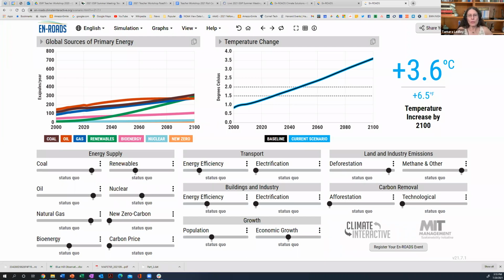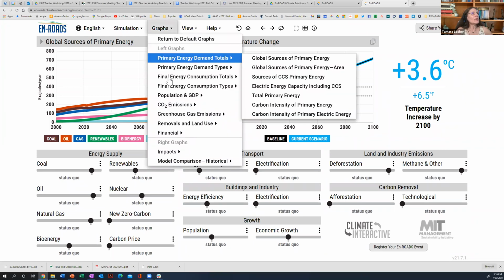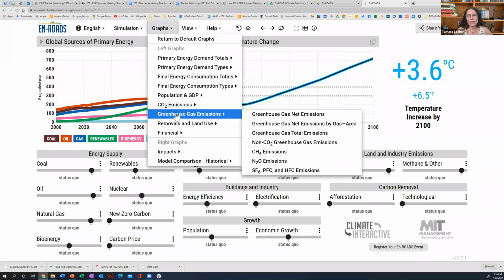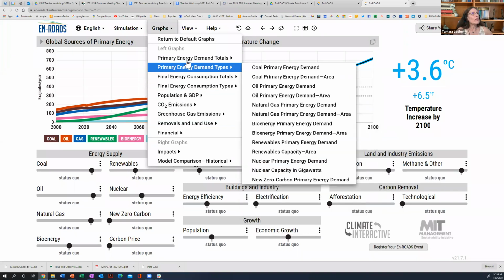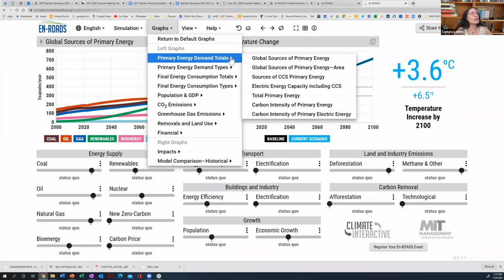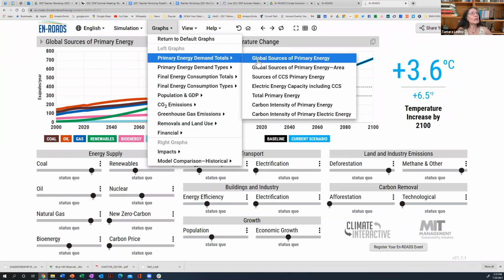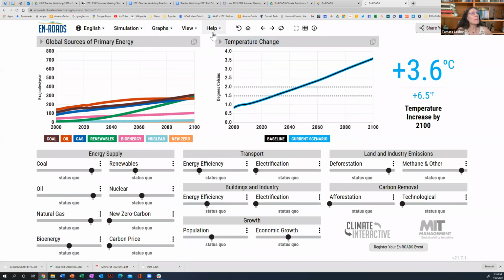Okay, so while you're playing with it, somebody asked, how do you change from the tab air pollution to the energy tab? So I'm going to demonstrate that here. Here are the different graphs. Some of them change the graphs on the left, but if you want to change it back to energy from air pollution, you go to the graphs, the primary energy demand totals, and then global sources of primary energy, the one on the left.